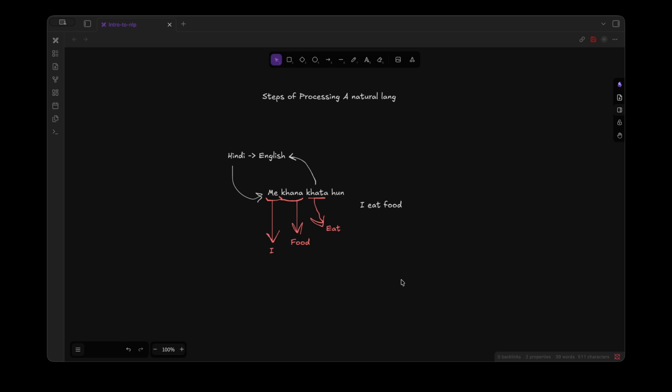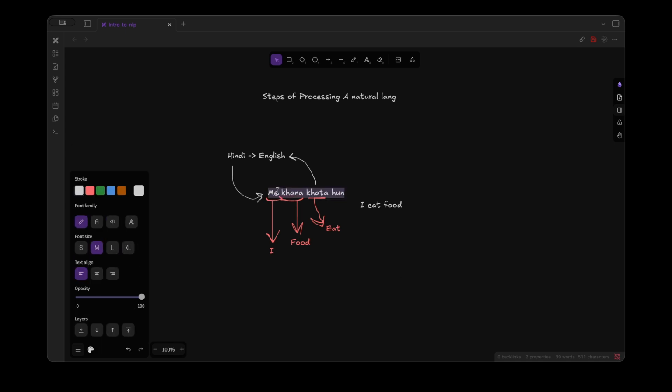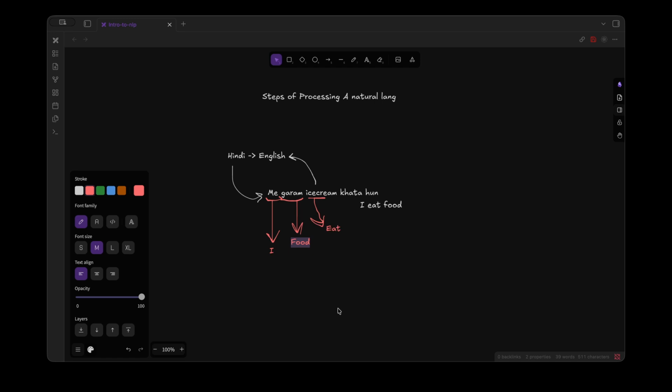So what if I put something here that has no meaning at all? Like, say, मैं खाना नहीं खाता हूँ, मैं गरम आइसक्रीम खाता हूँ. What if I write this? So इसका line by line, word by word translation क्या होगा?